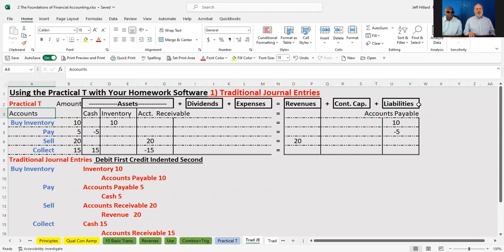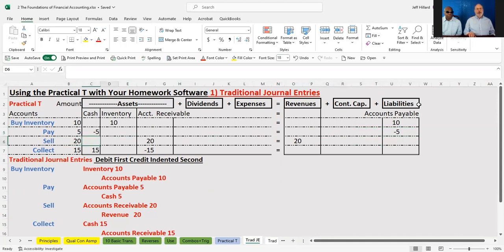The practical T would put, if we buy inventory for 10, it would add to inventory and add to accounts payable. If we pay a partial bill of $5, our cash would go down by 5, and accounts payable would go down by 5.